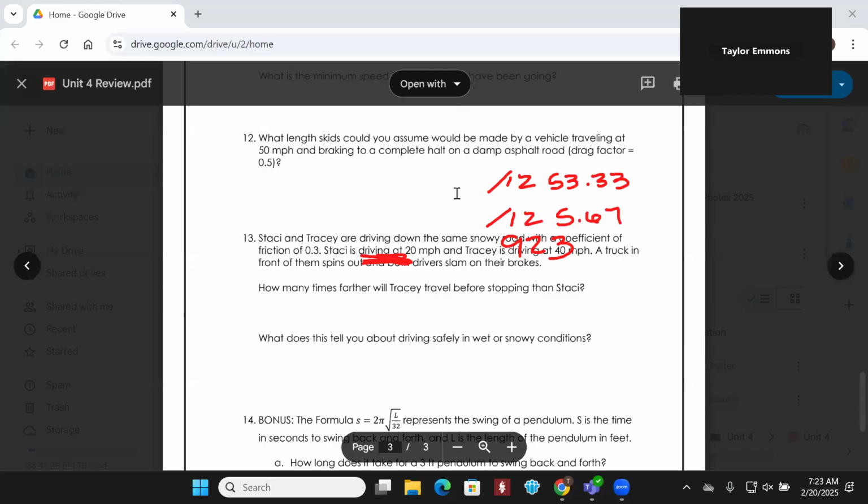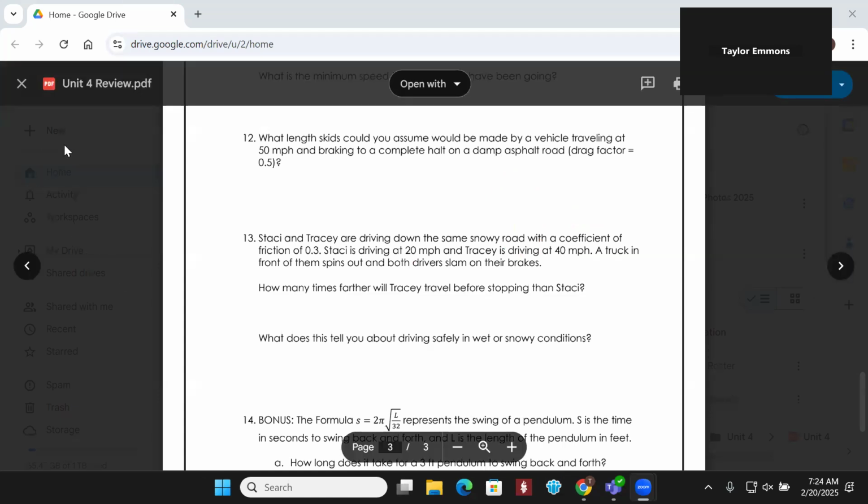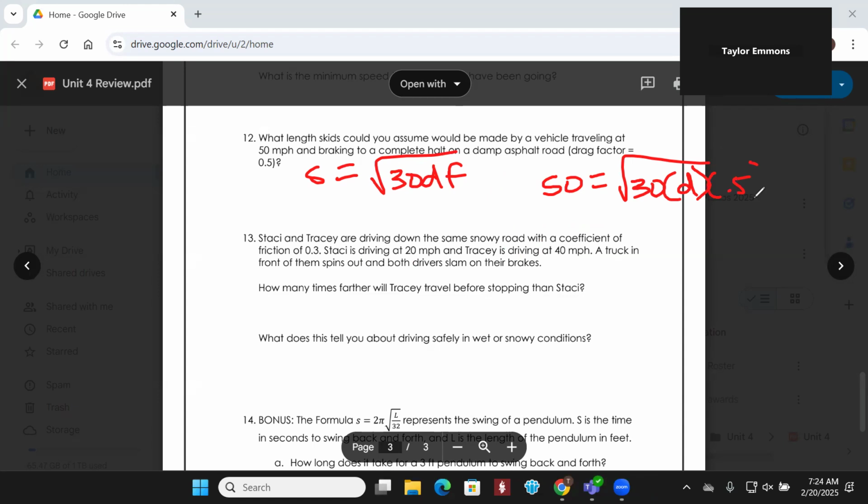What length could you assume would be made by a vehicle traveling at 50 miles per hour? Drag factor of 0.5. Remember, our formula is this. So what you're going to do is say 50 equals square root of 30 times D, we don't know what D is, times 0.5.